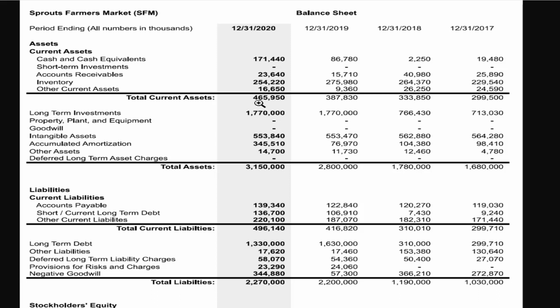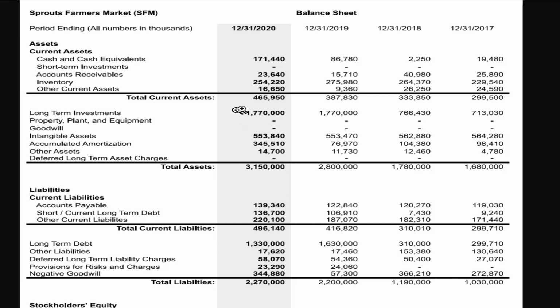The current assets are $465,950. The inventory is $254,220. That doesn't give us much left, does it? That gives us $211,730. And if we divide that by the current total liabilities, we only get an acid test ratio of 0.427.